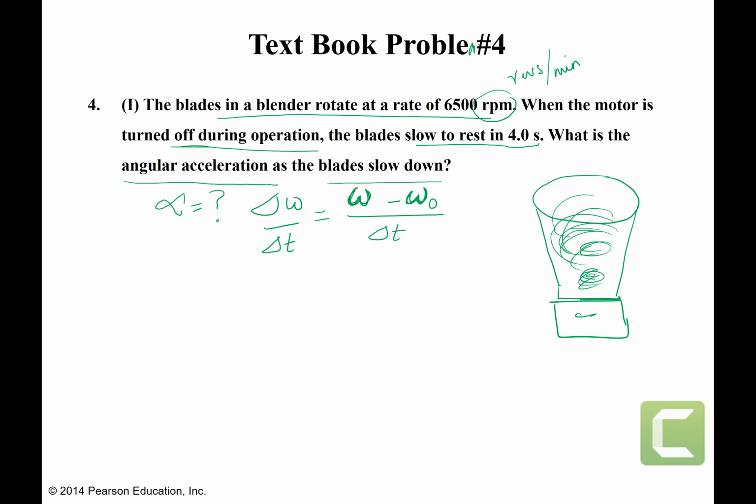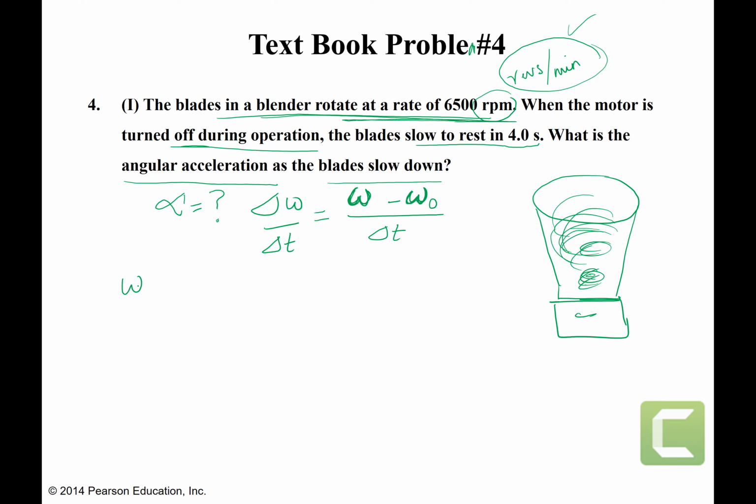So has he given me any quantities? He's given me the blender rotates, when you turn it on, at the rate of 6,500 revs per minute. Looks like revs per minute, like distance over time kind of a scenario. So that tells me this is rotational speed or angular velocity.